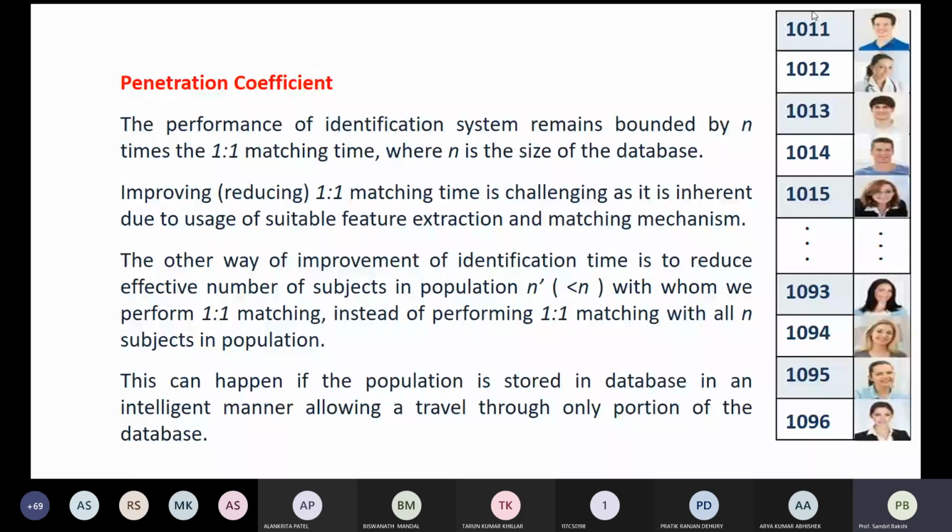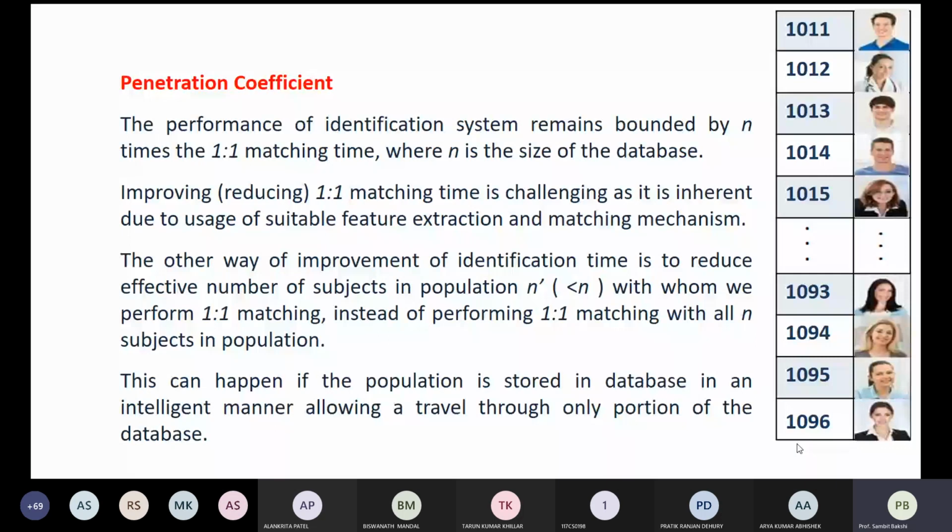What is the time taken for this? The time taken, as you remember, is the matching time, and you are actually doing 86 matchings: 96 minus 11 plus 1, which is 86 matches, and then you are telling which one is highest.